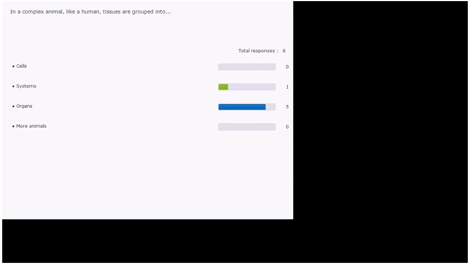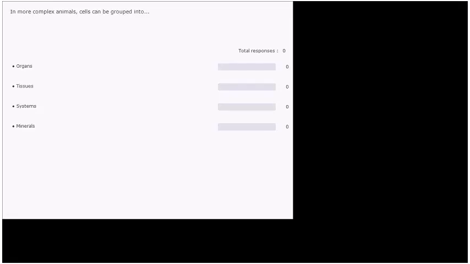All right, let me bring up another one for you. Question 2. In more complex animals, cells can be grouped into organs, tissues, systems, or minerals.